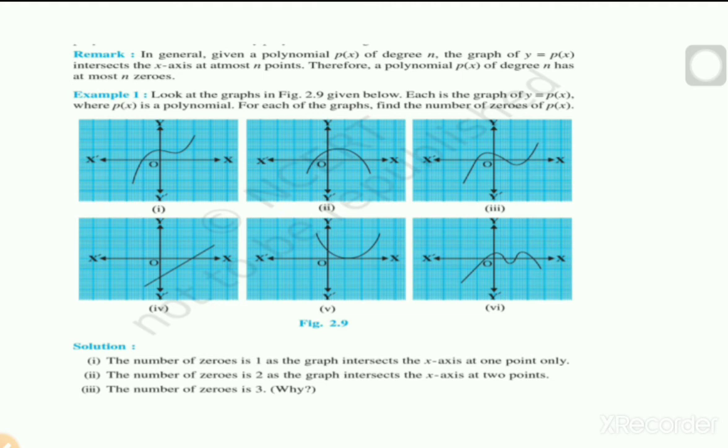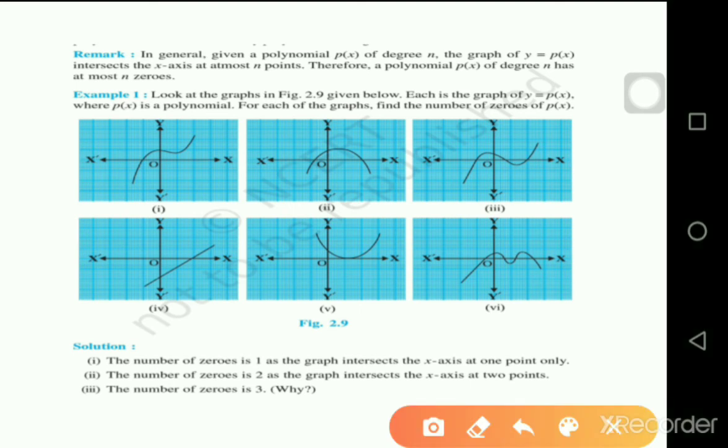Now we will look at example 1 of your NCERT book. For the first one, the graph intersects the x-axis at only 1 point.